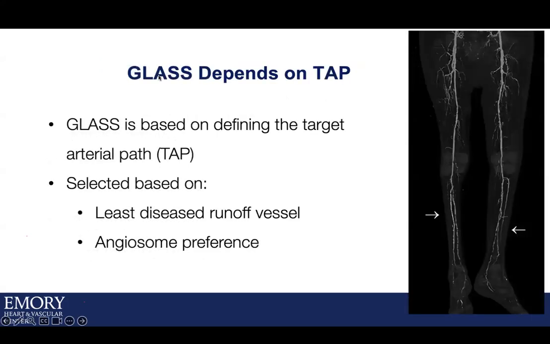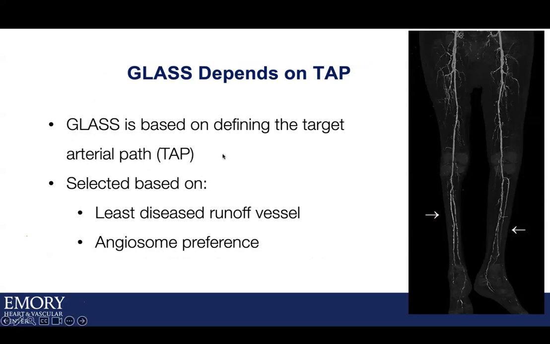So GLASS is based on defining the TAP in each individual patient by doing high quality imaging, as in this patient here. You need to select a preferred infrapopliteal vessel, and the TAP is selected based on the least diseased artery.